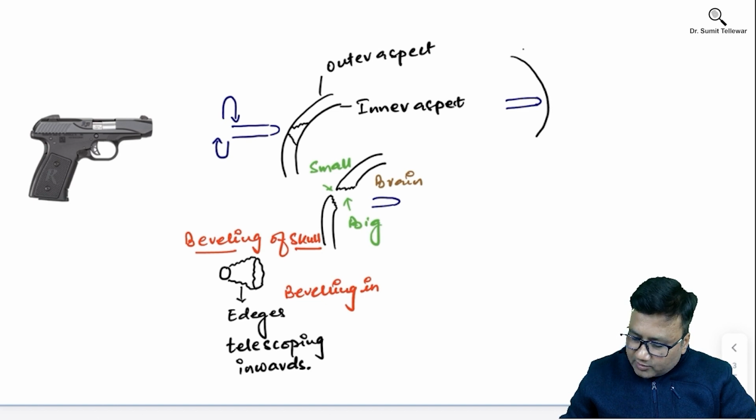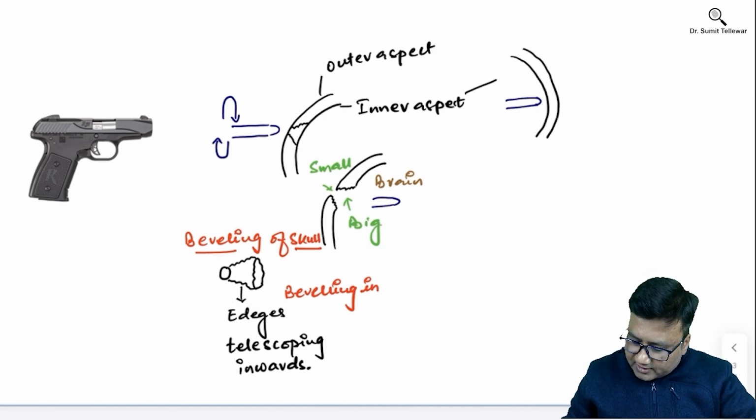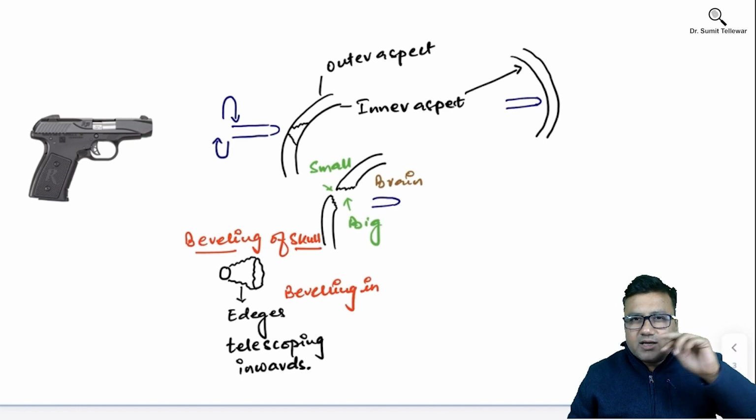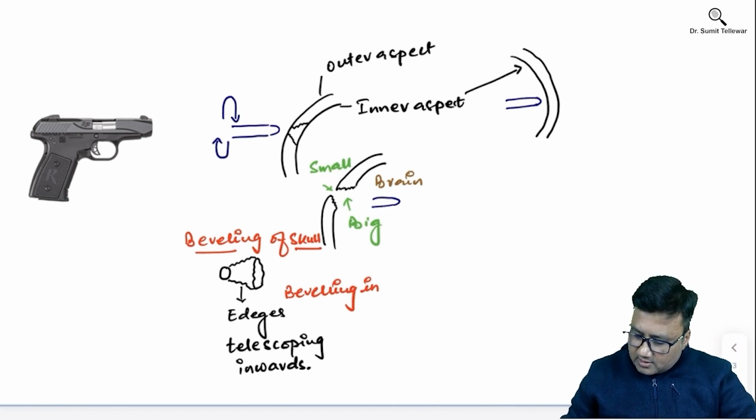As this bullet moves out, it will first hit the inner table of the skull, creating a track through the inner aspect of the skull, and it will exit out, right? As a result, the bullet will create a track like this.